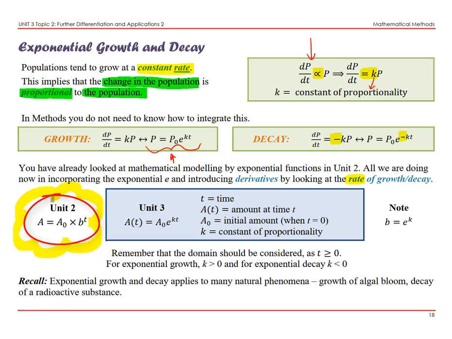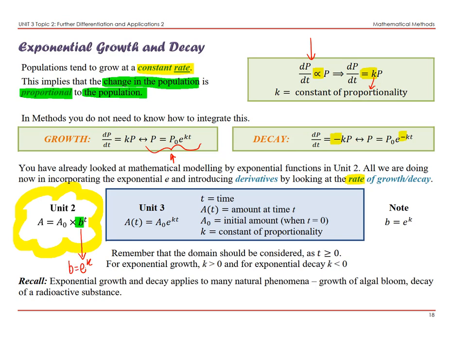Instead of remembering all those individual formulas for half-life and all those kinds of things, I said you only needed to remember this, and I showed you that every problem could be solved with it. So A equals my initial A times b to the t. Now, instead of having b, we have e to the k. So b equals e to the k.